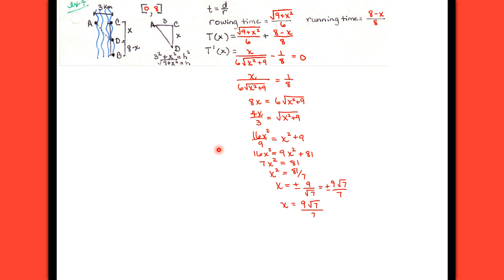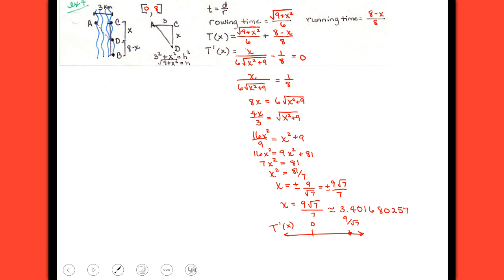Even though that's our only critical number, we do still need to check and make sure that it actually is a minimum. So we're still going to want to use our first derivative test. I'm going to get a decimal just so I kind of have an idea of where to plot that thing on a number line, but we do want to give the exact answer, not the decimal approximation, anytime that we can.